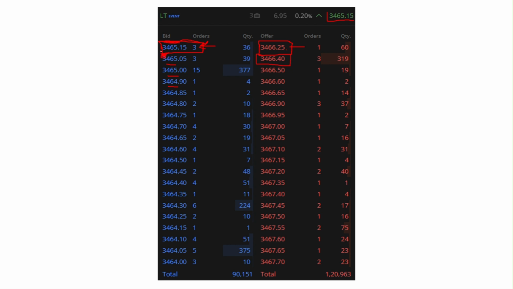And just note that there are broadly two types of orders: limit and market. A market order executes at whatever the LTP, the last trading price, is, that is 3465. In this case, your order will get executed, or rather the trading terminal will place your order in the first slot. If you are wishing to buy, you place a buy order, you will be placed in the first slot, and your order will get executed instantaneously.